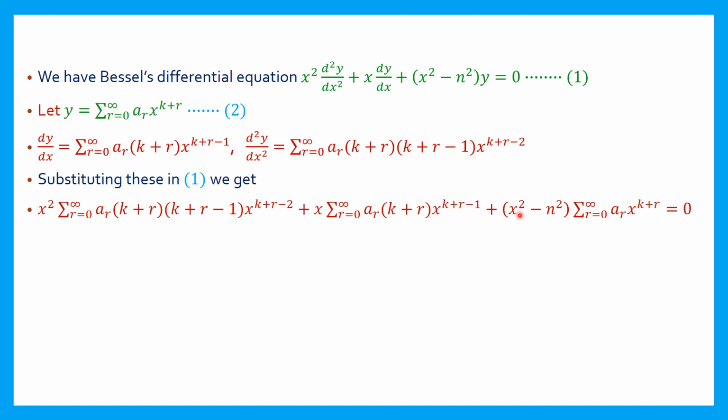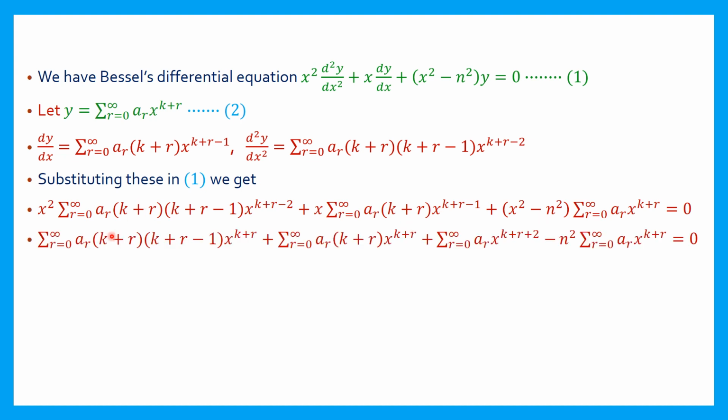In this bracket, let us split x square into summation r from 0 to infinity a_r x power k plus r, which we can get as x power k plus r plus 2, minus n square into summation. So there is no change in the summation. So let us do that step. So we get this expression.